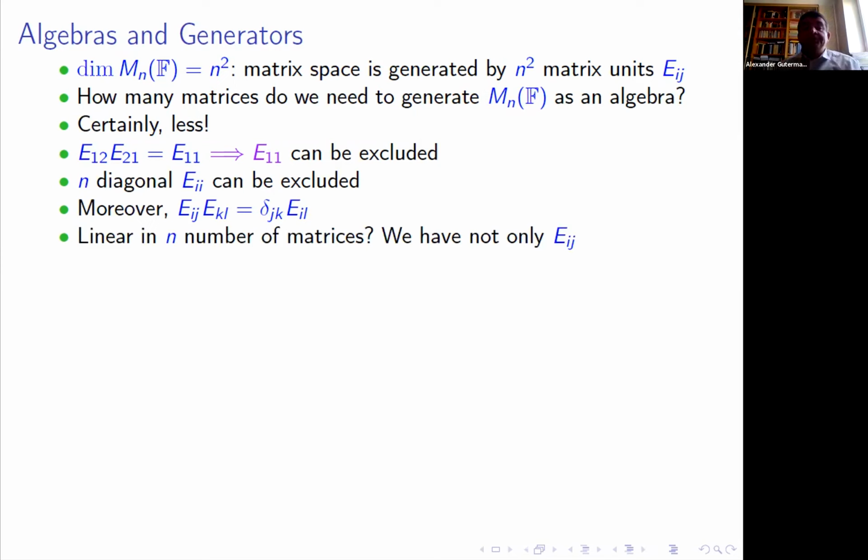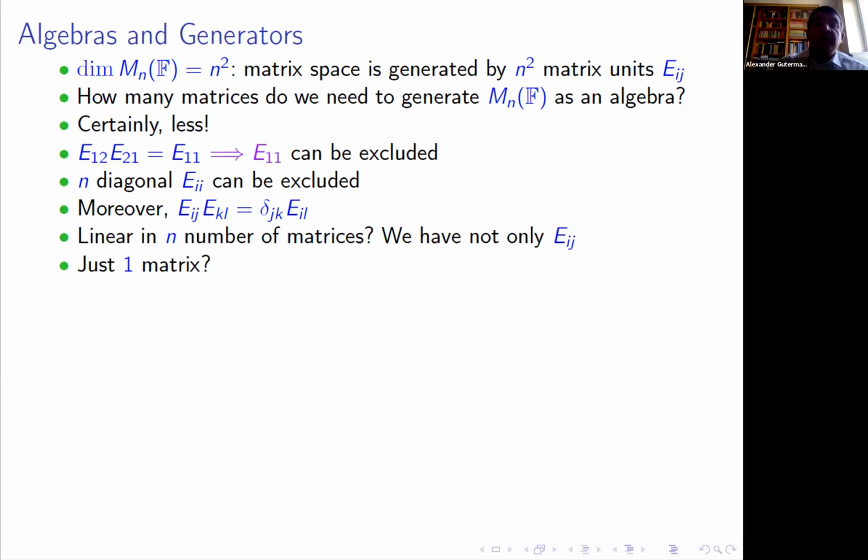When you start to analyze this question, you will immediately see that matrix units are not the best possible choice here. They are quite thin, in a way. Words in matrix units, when you form products, will not generate a lot. So it is natural to consider the problem from the opposite side.